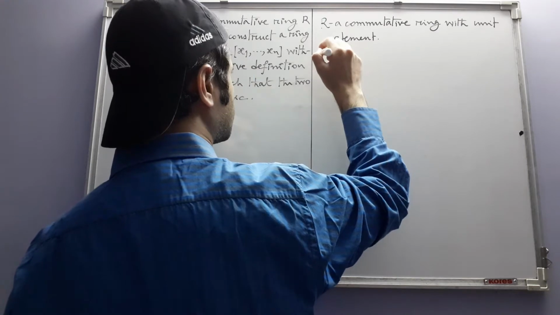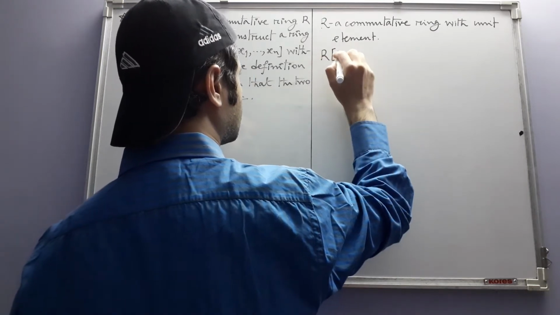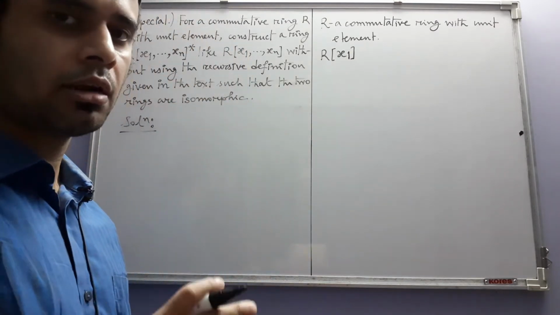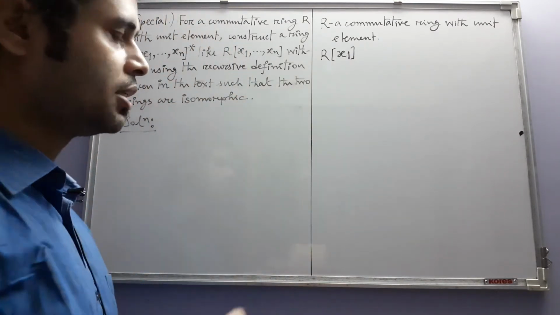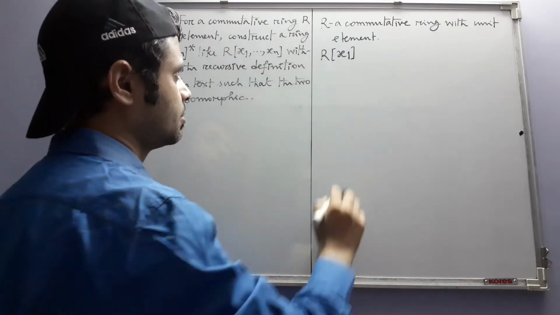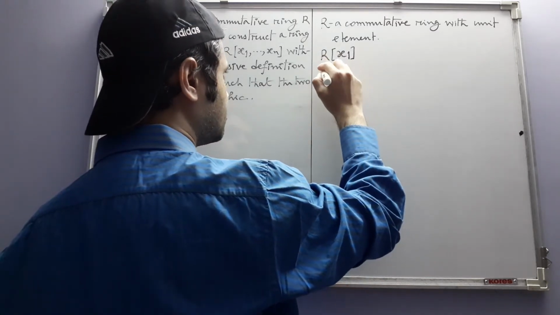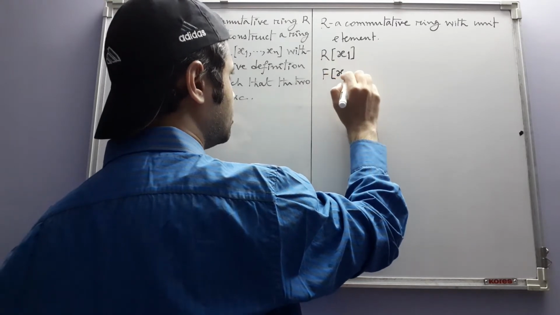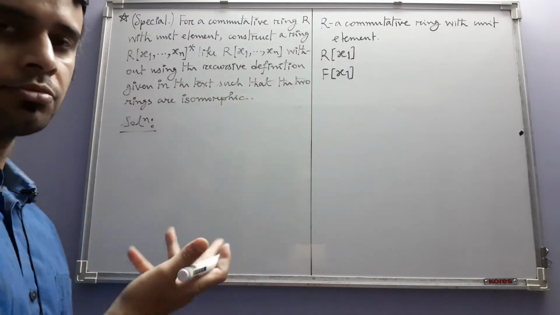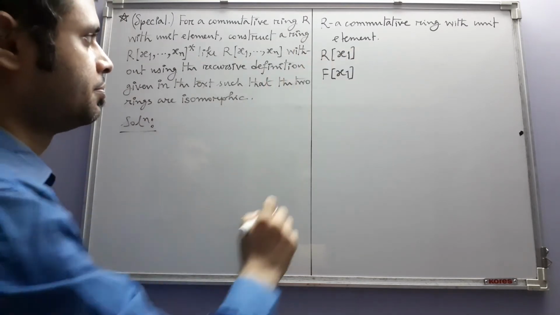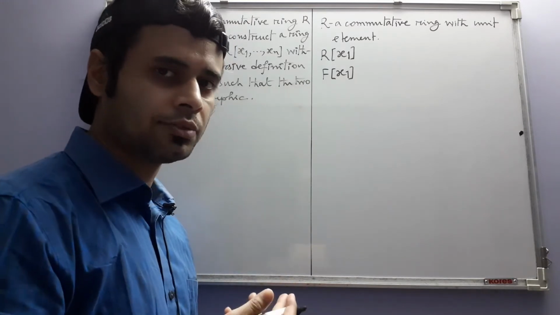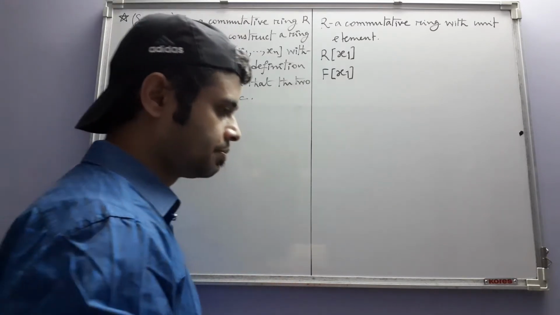Then Rx1 is our usual polynomial ring in the indeterminate x1 where the coefficients are coming from the ring R. Just like Fx1 is a ring where F is some field, Rx1 is also a ring. And in fact, Rx1 itself is a commutative ring with unit element.